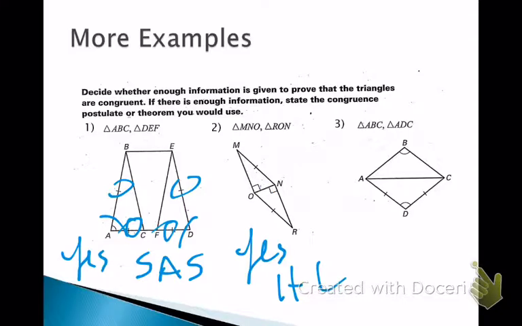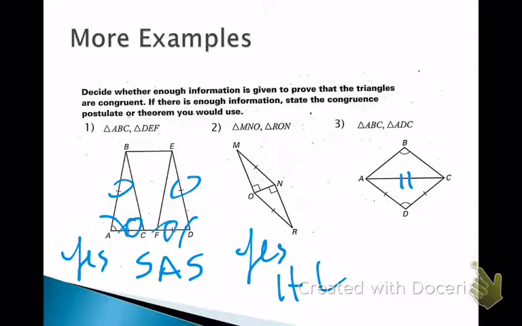Hypotenuse leg. Now the last one. I've got this side congruent to that side, which means I don't have any sides congruent given to me between these two triangles, ABC and ADC. Well, except for the reflexive one, right? AC congruent to AC.